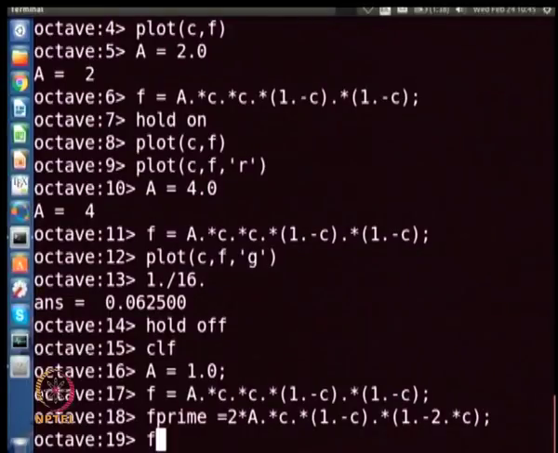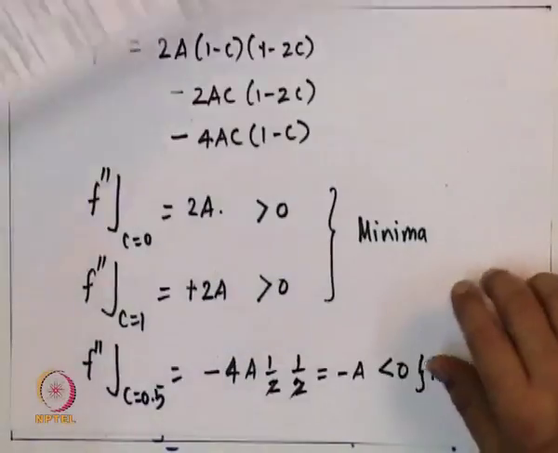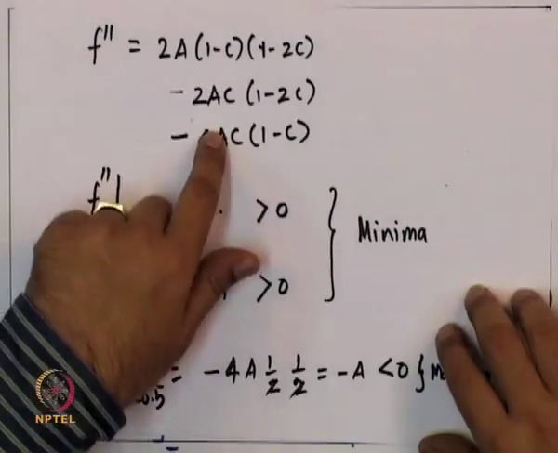F double prime, f d prime is equal to. So, that has 3 terms that we wrote down. So, we are going to use that expression. So, that is this term.